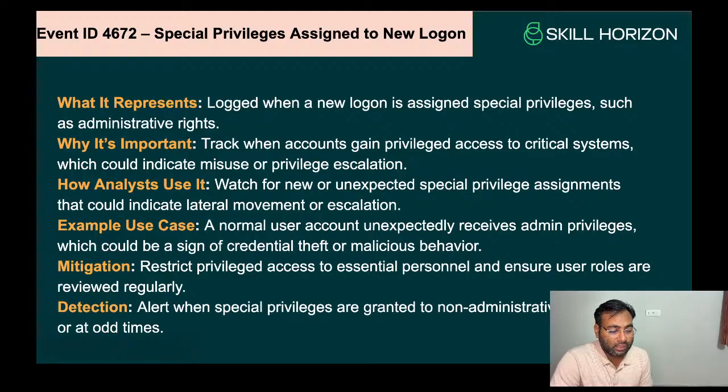It is important because it tracks when an account gains privileged access to critical systems, which could indicate misuse or privilege escalation. Analysts use it to watch for new or unexpected special privilege assignments that could indicate lateral movement or escalation. You can look at the example to get a better idea about it.